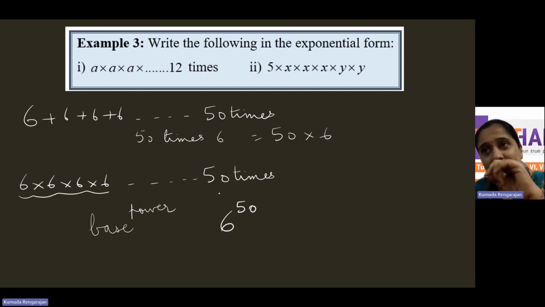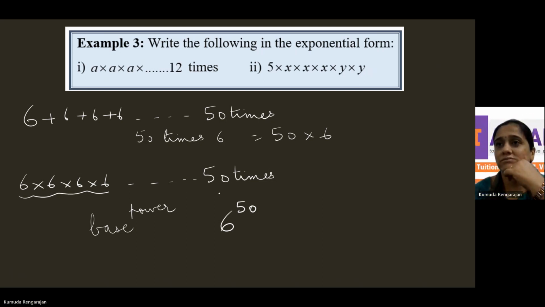Repeated addition is multiplication. 6 added to itself 50 times is 50 times 6, which is 50 into 6. But 6 multiplied with itself 50 times is written in the exponential form. So you have to write two things, base and power. What is the base? What is repeating? 6.